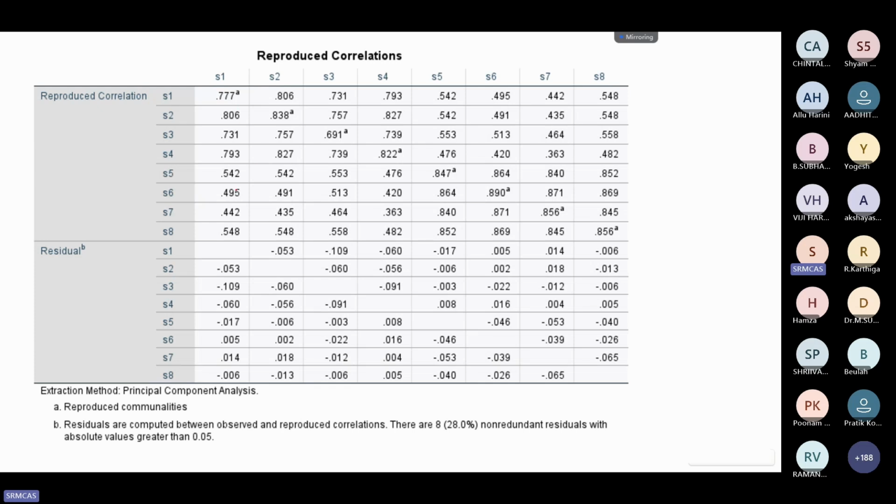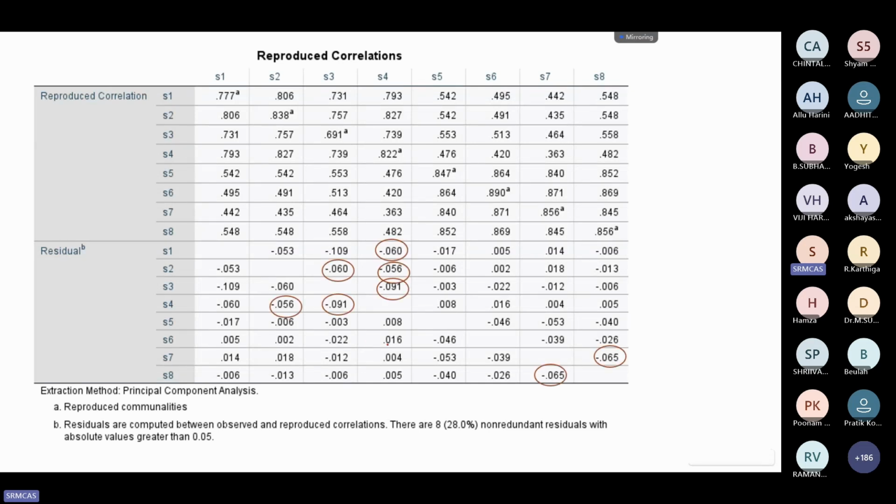This correlation should be compared with the correlation before we started the analysis, and we can take the difference. If that difference is more than 0.05, those variables can be treated as unfit, meaning there is no goodness of fit for them. We can remove them if such cases are more than 50%.